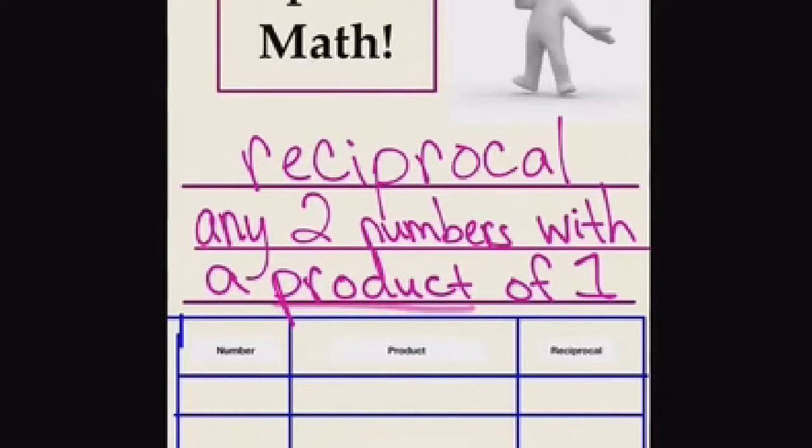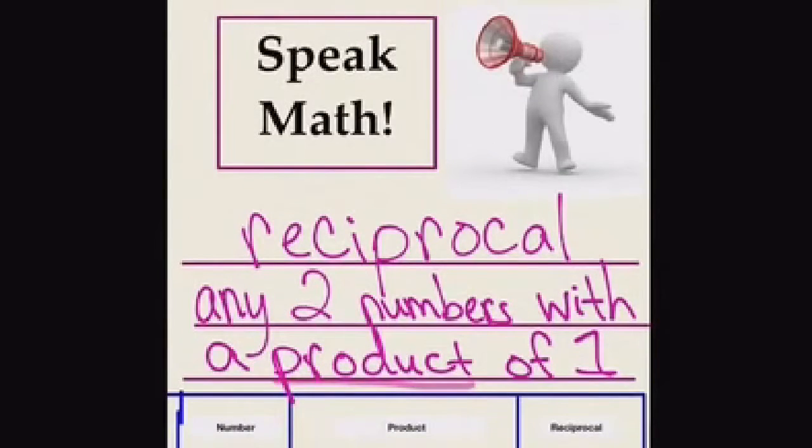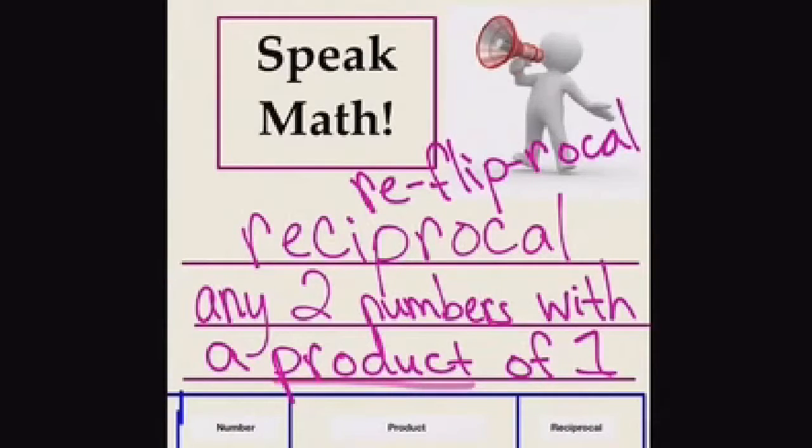To help me remember reciprocal, I like to think of the word refliprical. Make sure you write that down. Reciprocal, refliprical. It's kind of fun to say. The reason I call reciprocal a refliprical is because what you're doing is flipping what is on the top and the bottom.